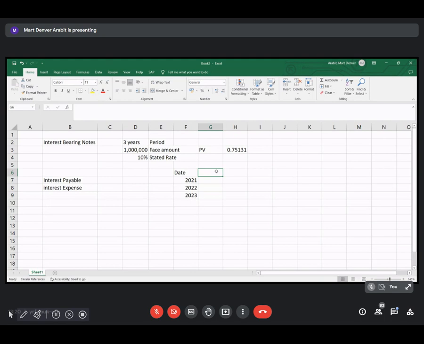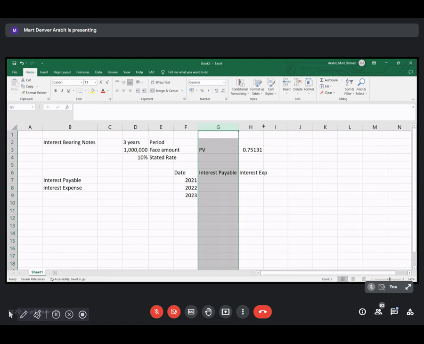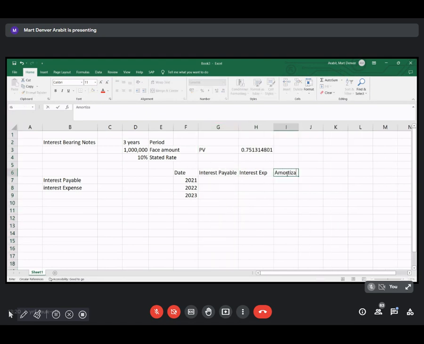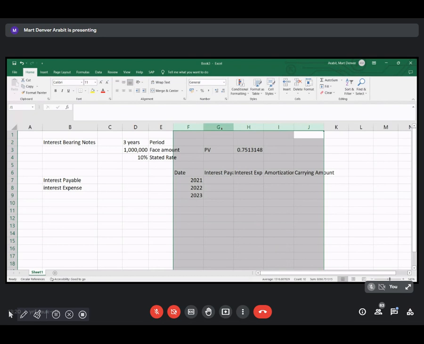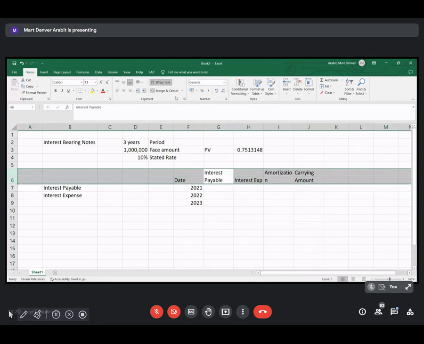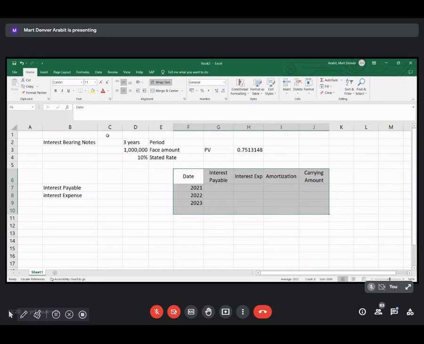So, at 2021, this is the interest payable, this is the interest expense, the amortization, then this is the amount. Let's make a table so it looks cleaner.